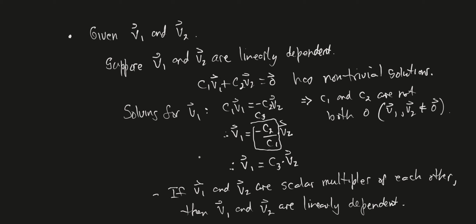So this is one of those things where, if you're only given two vectors, it's relatively easy to check.